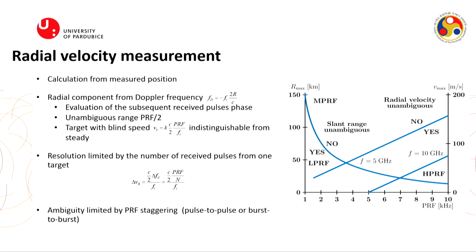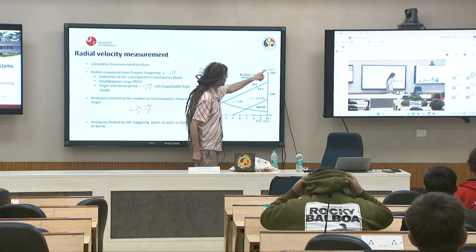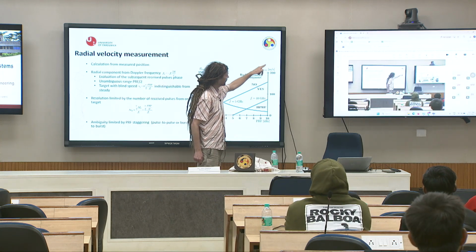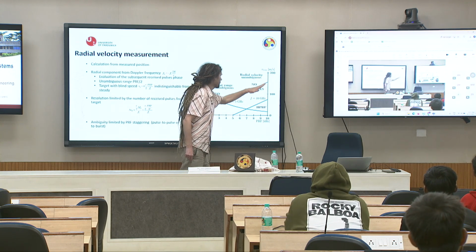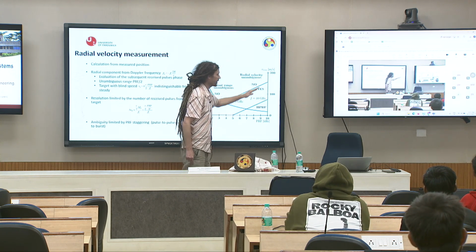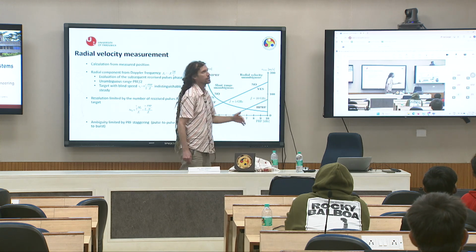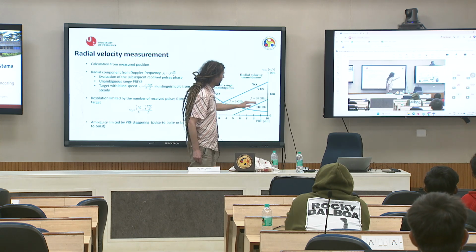And so this is clear. On this axis Y, it is the slant range, the maximum unambiguous range, which decreases with PRF. And on the opposite, there is the speed of targets. And radial velocity ambiguity is definite, of course independent of carrier frequency.